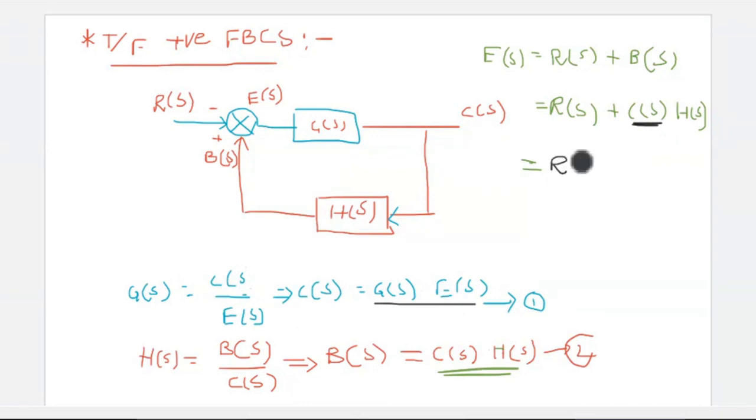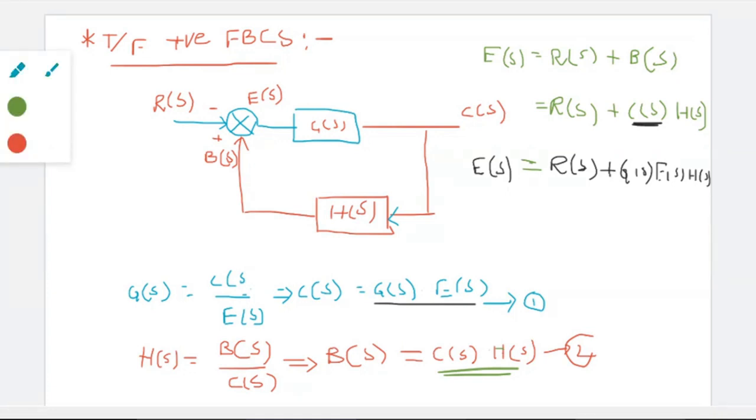Finally, we are getting R of s plus G of s into E of s into H of s. Again, take E of s as common. Very simple derivation. Now take E of s as the common: E of s into 1 minus H of s into G of s. Yeah, very good.